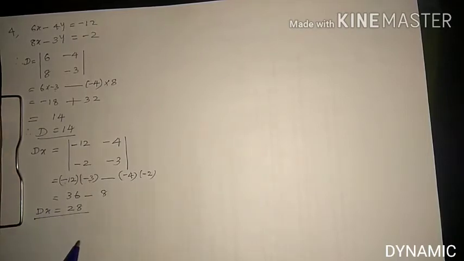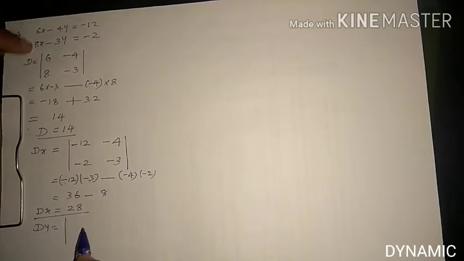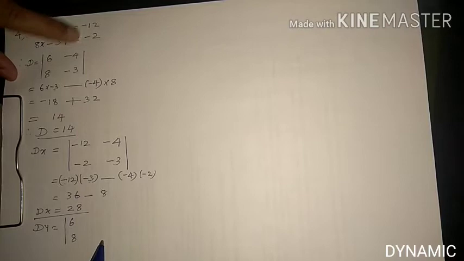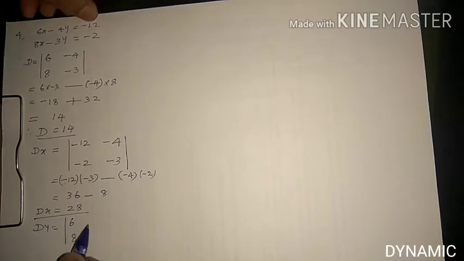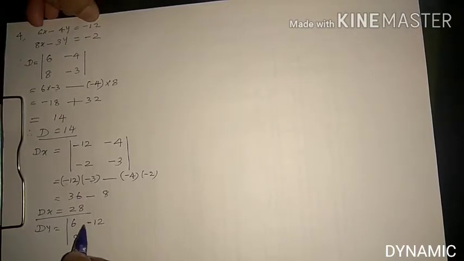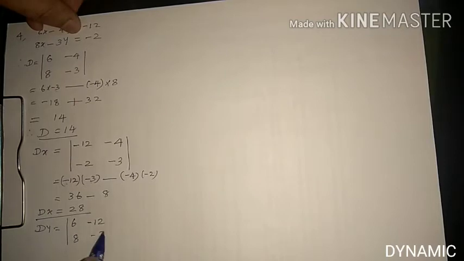This is Dx. Now we want Dy. X coefficients as it is, 6 and 8. Y coefficients replaced with right hand side constants, minus 12, minus 2.